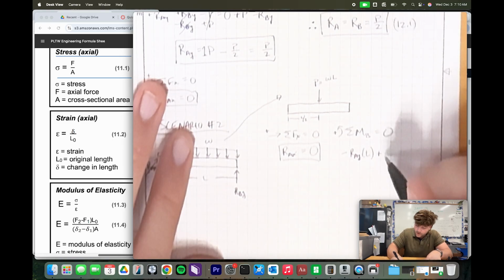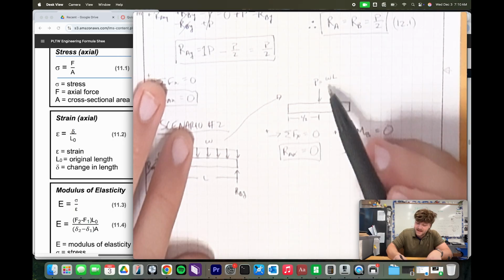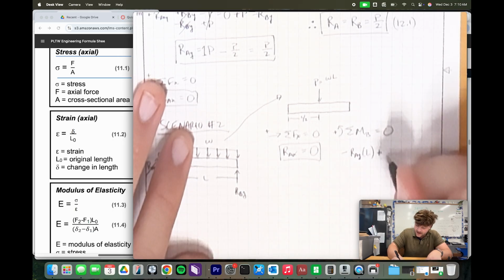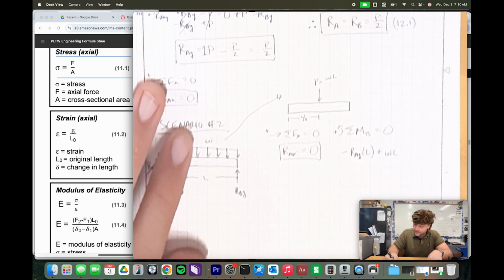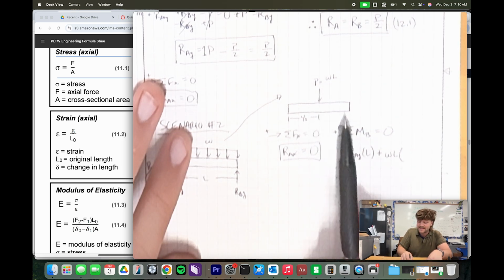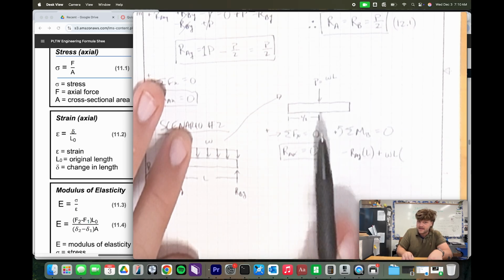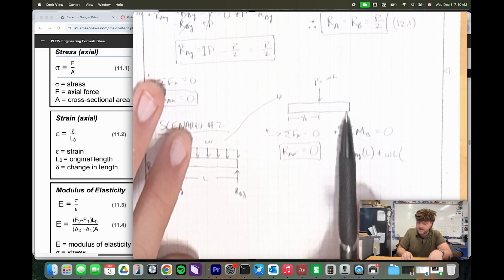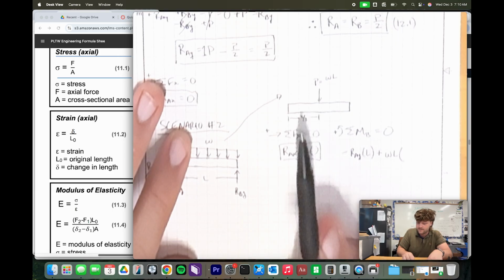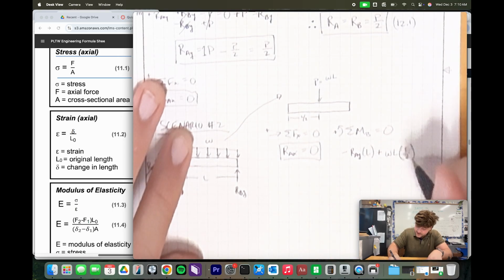We can represent P in terms of W, where we have W times L. And then I want to multiply by the distance from the point we're calculating the moment about. If this whole distance from here to here is L, that tells us this distance from here to here is L halves, because this is half of L as well. So we're going to take L divided by 2 here.